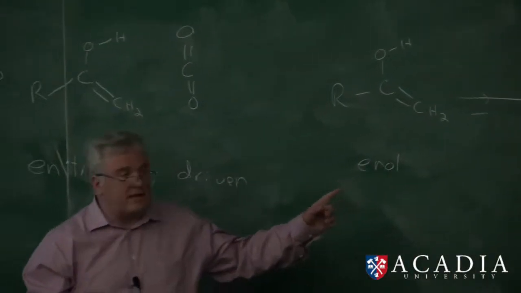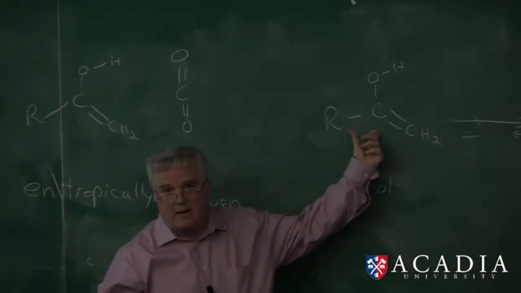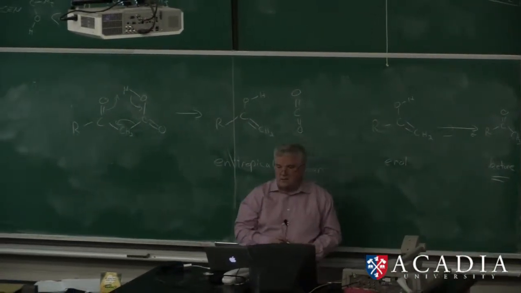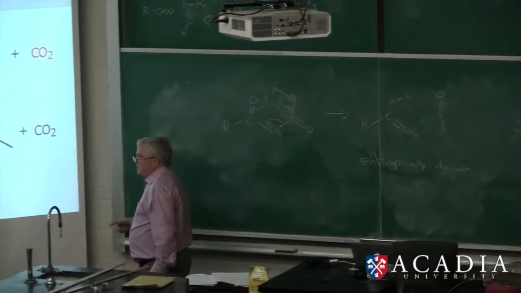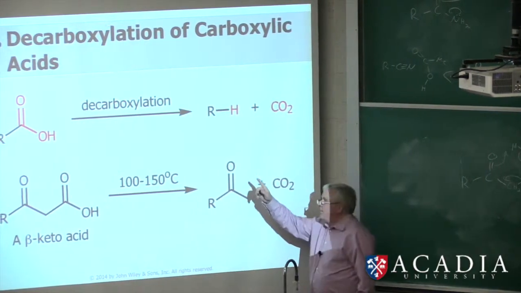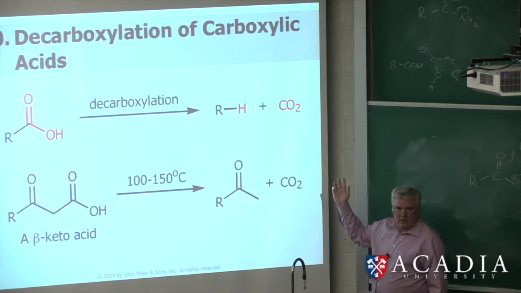Okay, we're actually going to make use of these things a lot in chapters 18 and 19, these enols, okay? But it's an important thing to remember is that this decarboxylation of beta-keto acids occurs quite readily. Decarboxylation of carboxylic acids themselves is not really very favorable.